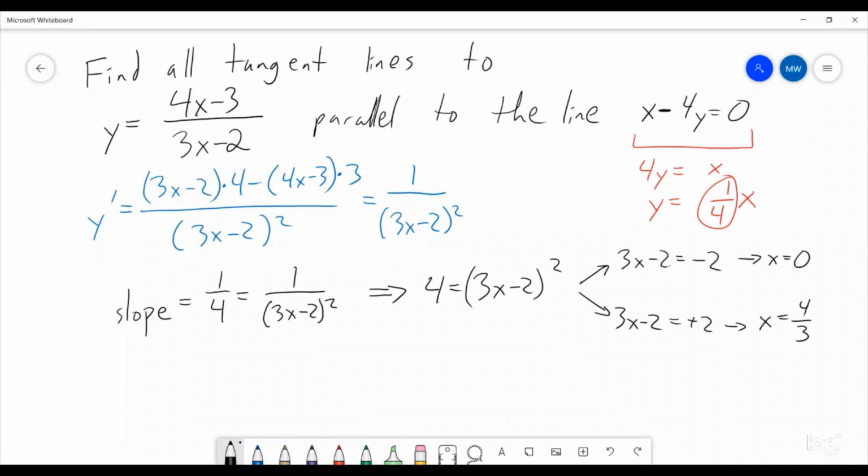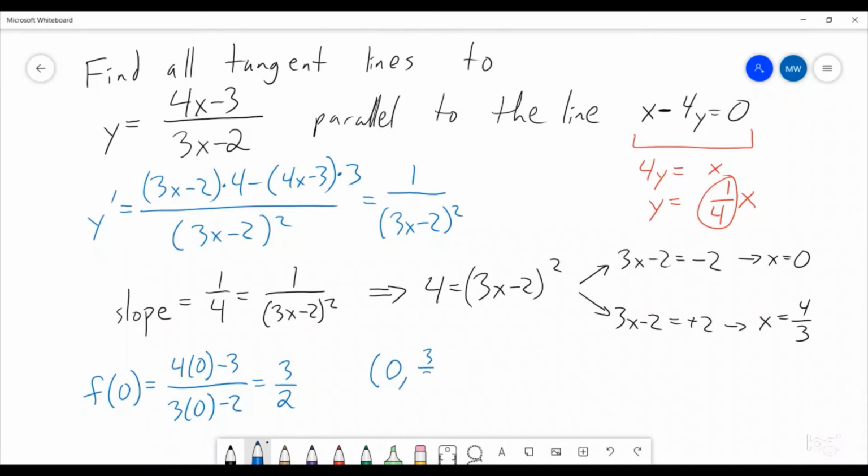Now we just need to figure out where the tangent lines are. So let's plug those in to figure out what those y coordinates are. f of 0 is 4 times 0 minus 3 over 3 times 0 minus 2. That's a positive 3/2, so one point is (0, 3/2).